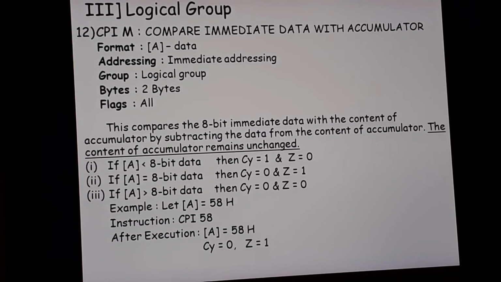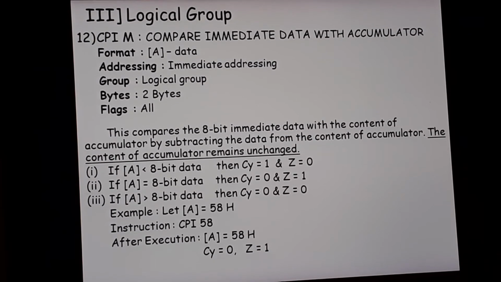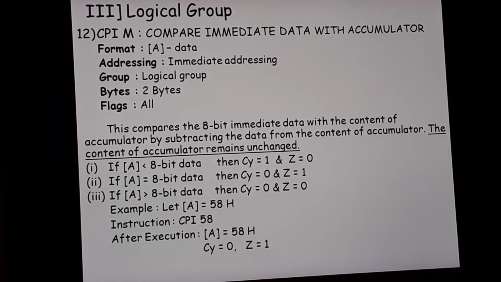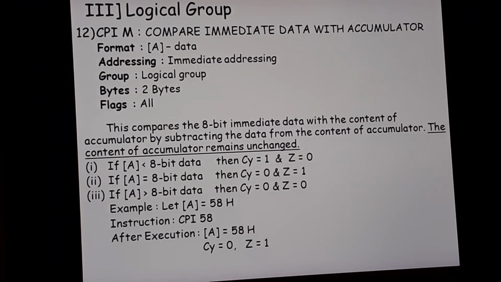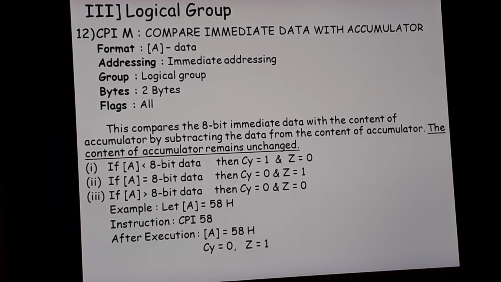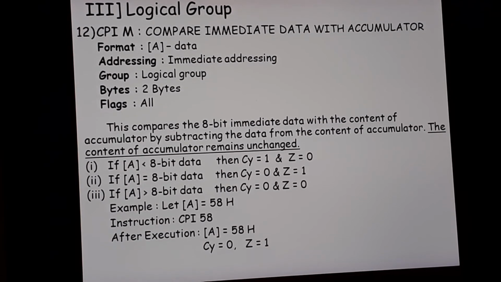The example that I have taken is, let the accumulator content be assumed as 58H. The instruction I have assumed is CPI 58H, the same. So the 8-bit data is 58H, and the accumulator content is also 58H. So both the data are the same. Then which rule to follow from the rules? Rule number 2.